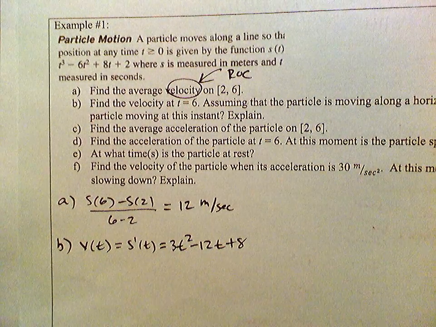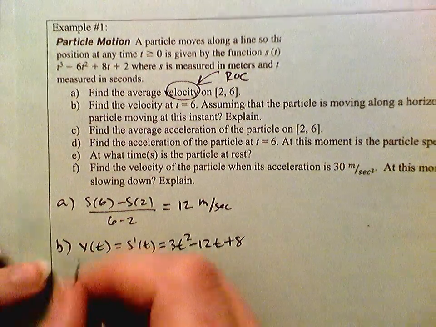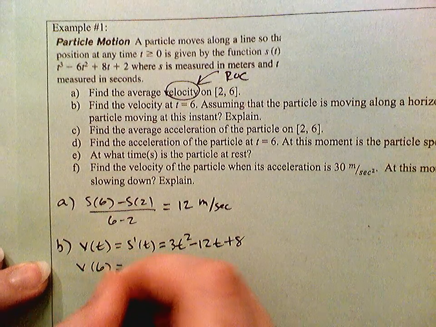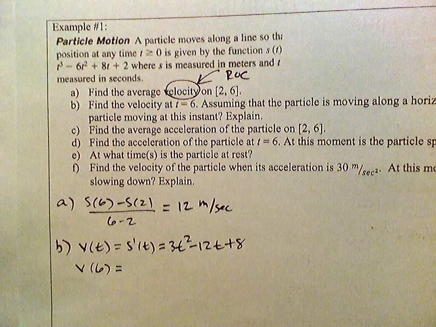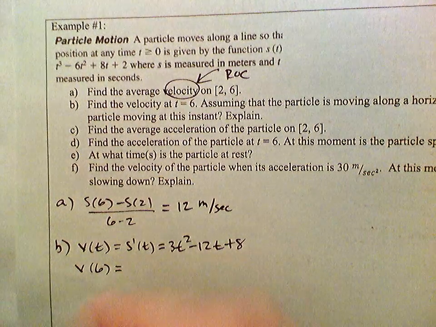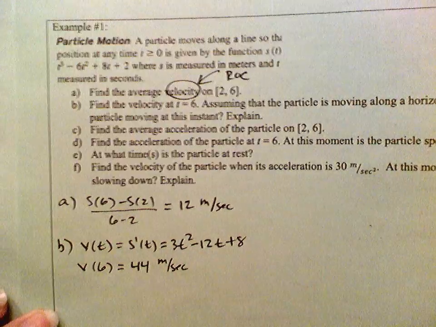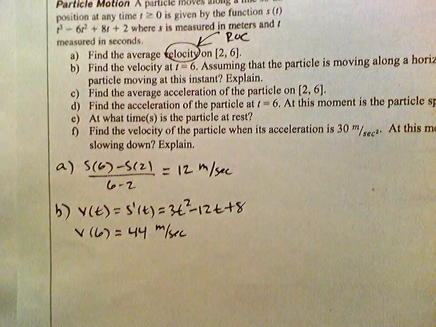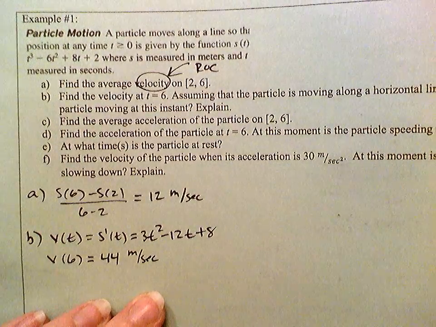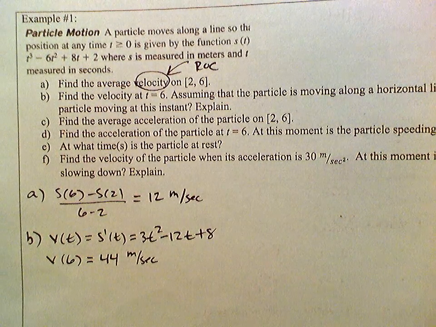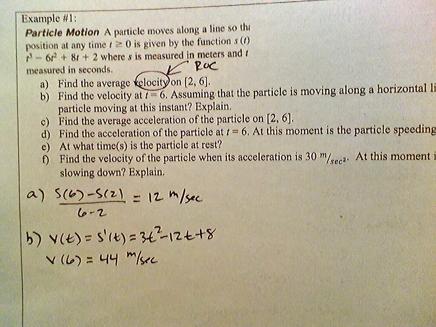And they want the velocity at t equals 6, so I just plug 6 in for t. And when I did this earlier, I got 44 meters per second. Now, it's asking, assuming we're moving along a horizontal line, in what direction is the particle moving at this instant?